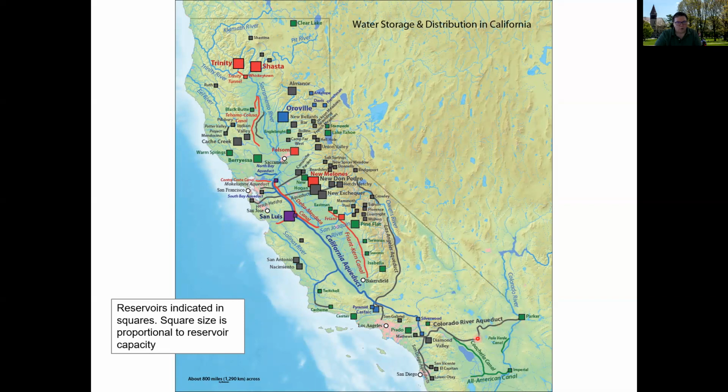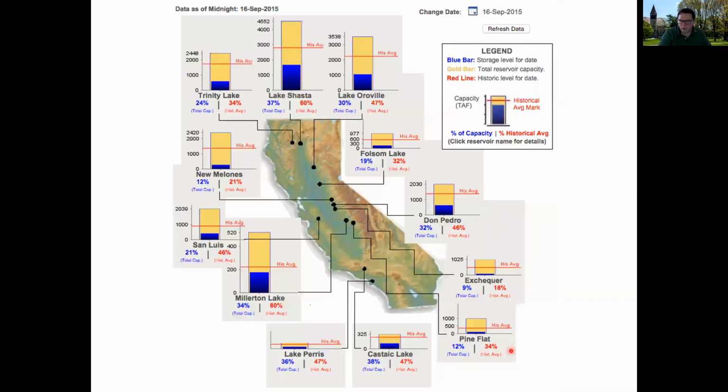But a major component of the water use is to aqueduct the water from the Colorado over to Southern California. So LA actually gets water from both the Sierra Nevadas and the Colorado River.